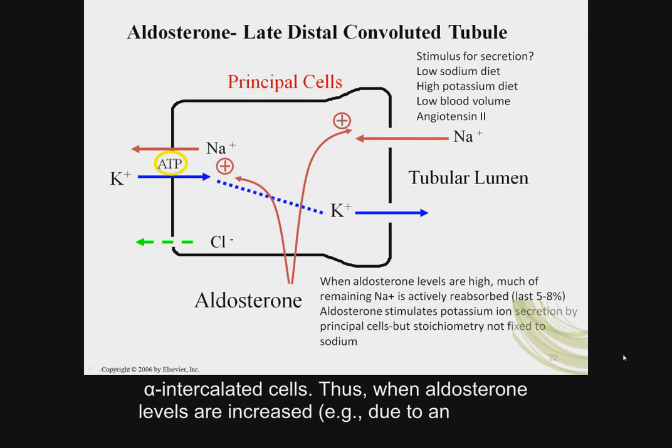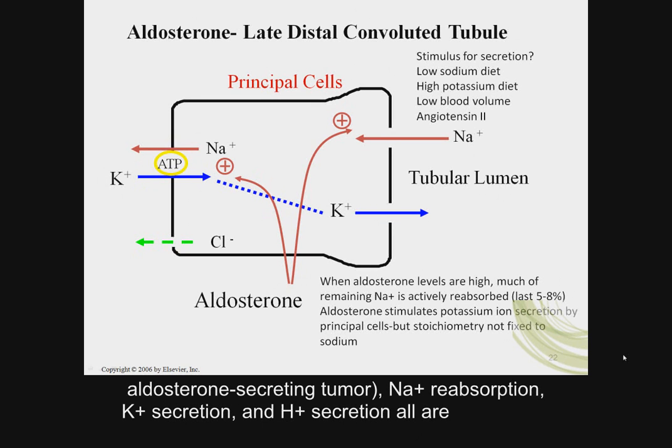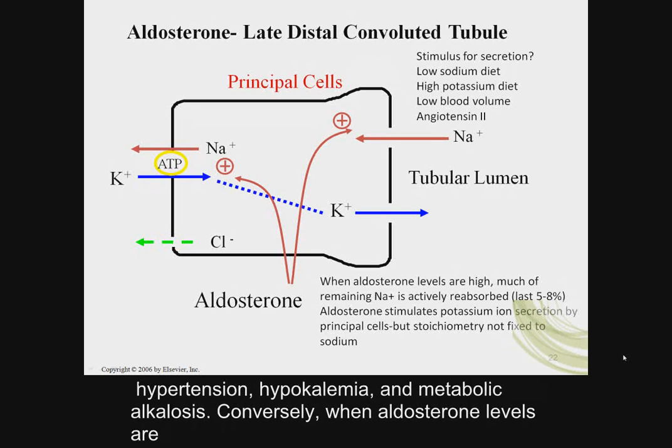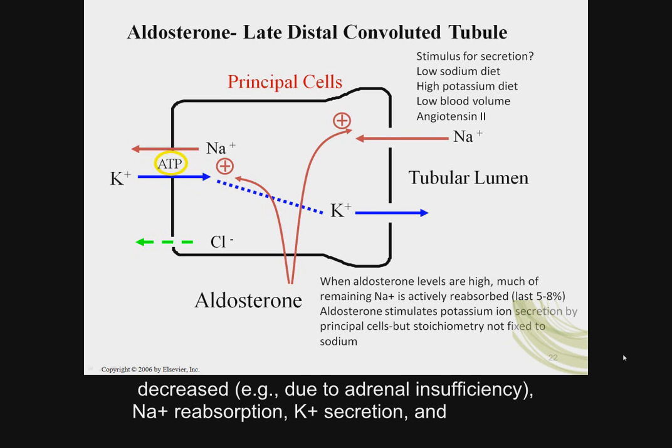Thus, when aldosterone levels are increased, for example, due to an aldosterone-secreting tumor, sodium reabsorption, potassium secretion, and hydrogen secretion are all increased. These changes in renal transport result in extracellular fluid volume expansion, hypertension, hypokalemia, and metabolic alkalosis.